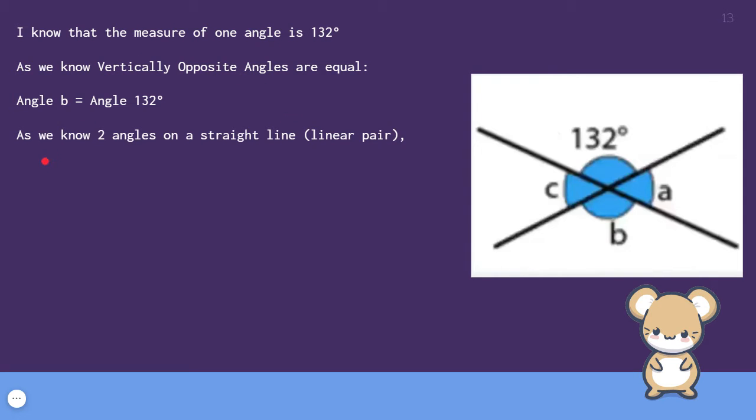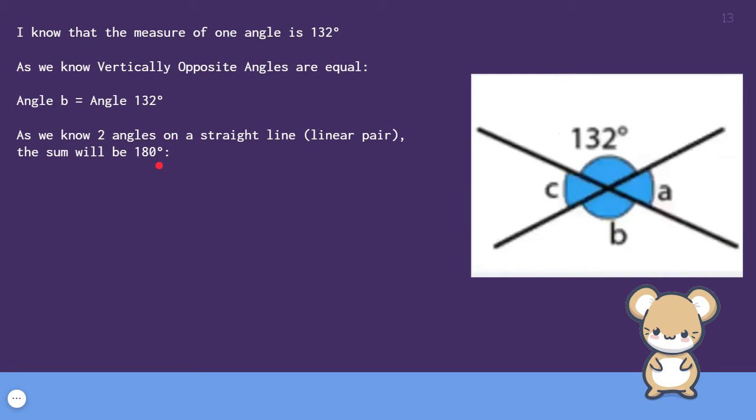So, also as we know that two angles on a straight line, that means a linear pair, is going to be 180 degrees. That means if I have two angles here, I can see this and this on a straight line, the total will be 180 degrees.